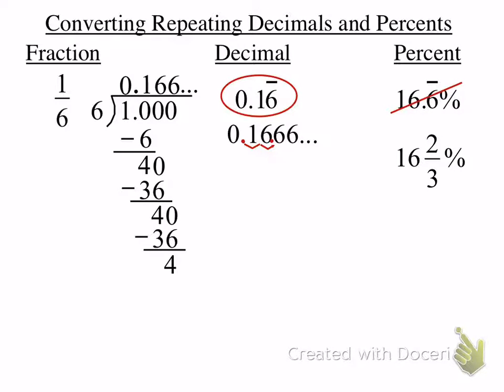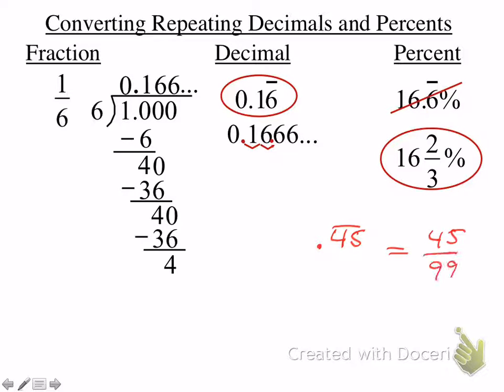All right, and if you have two digits that are repeated, let's say something like this, that would be 45 over 99, and then you reduce. Do you understand? 9 goes into that 5 times. And if you had 456 over 999, oh, sorry, I did it backwards.